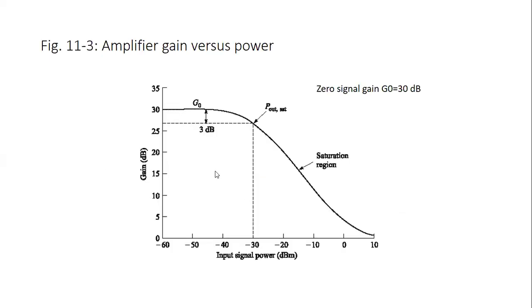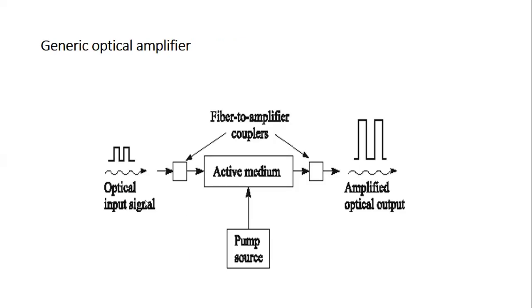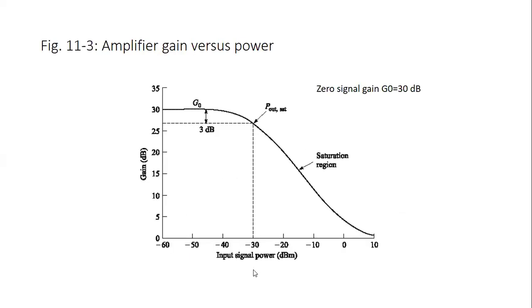So if we observe the relation between gain and input signal power for any optical amplifier, first here you see this G0. What is this? This is the zero signal gain, and this is around 30 dB.